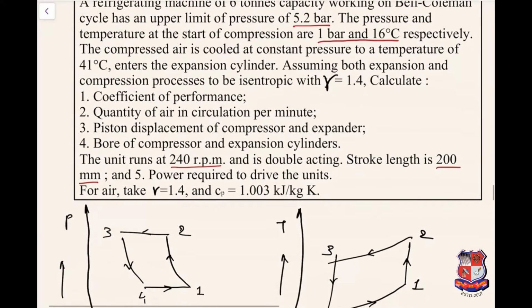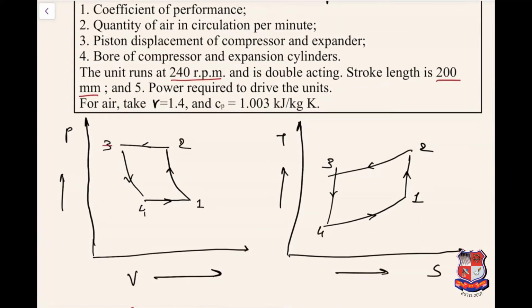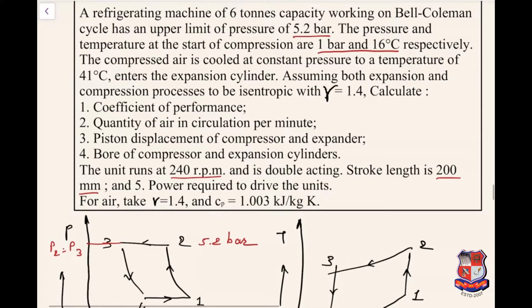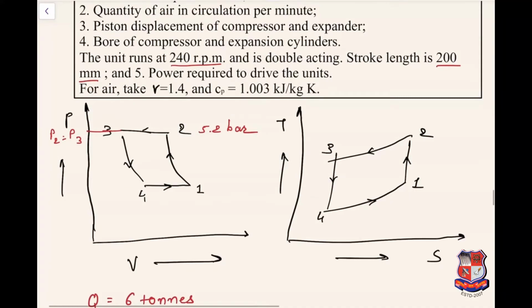That is P2, P3 here, that is P2 equal to P3, that is equal to 5.2 bar. Then the pressure and temperature at the start of compression are 1 bar and 16 degrees Celsius. So here the pressure P1 is equal to P4, that is equal to 1 bar, and temperature at the starting of the compression, that is T1, and that is equal to 16 degree Celsius.